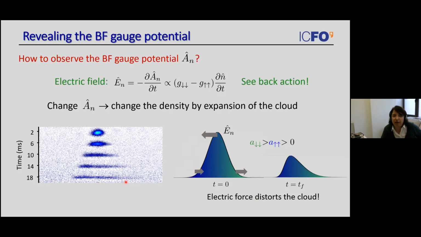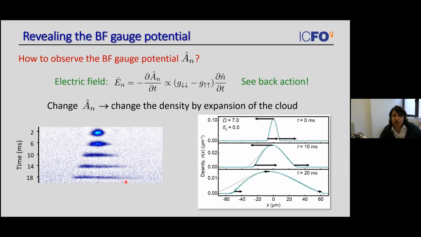So this is all hand-wavy, but we can compute things within this effective BF theory. This is what you get here for parameters that are not too far from those of the experiment. So we have initially the symmetric cloud, and now at t equals 0, we let it expand, and then we start to get these electric forces that, as I told you, are different on different parts of the cloud. And this distribution of forces just skews your wave packet.